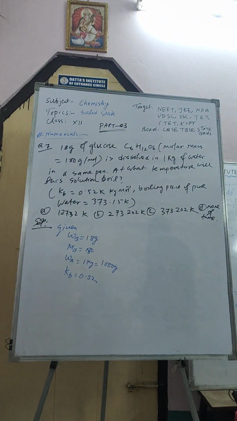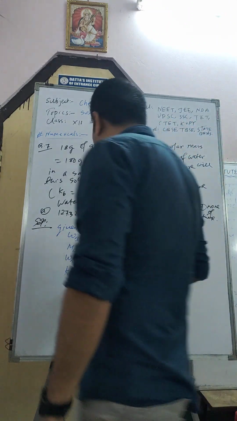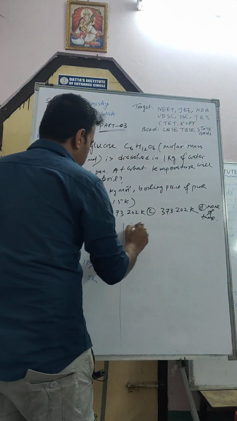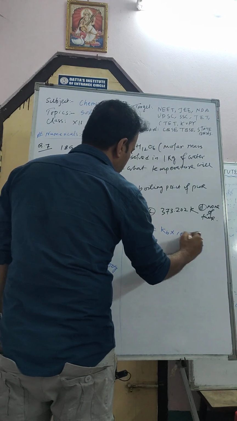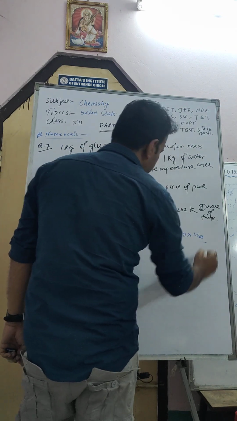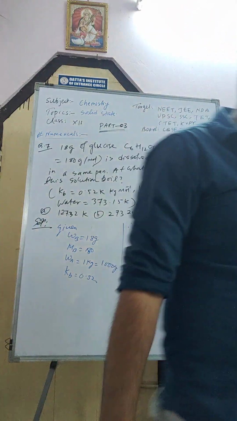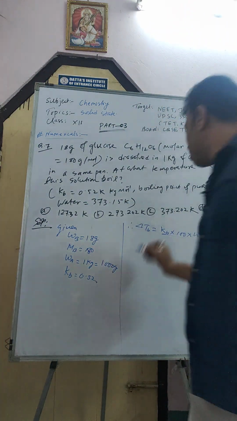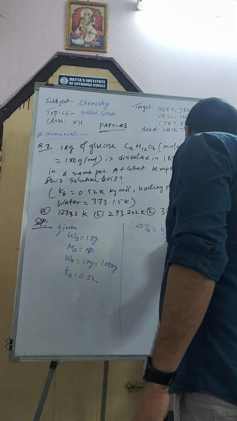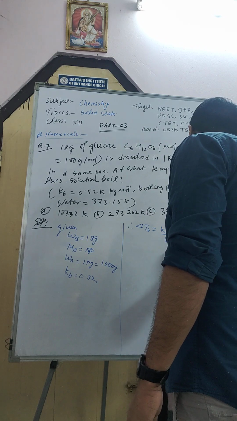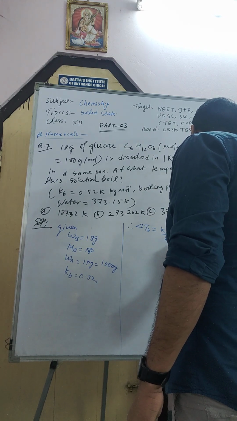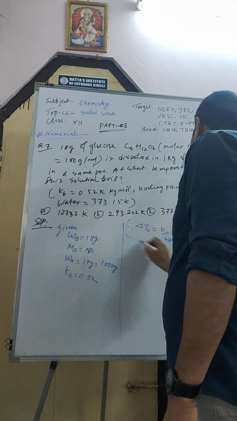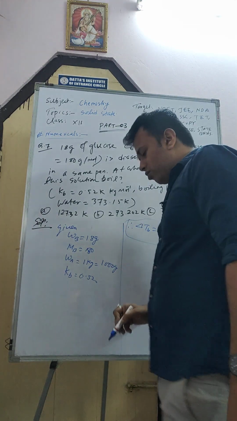So there is a change in boiling point, therefore del TB equal to KB into 1000 into WB by WA into MB. So this is the formula.